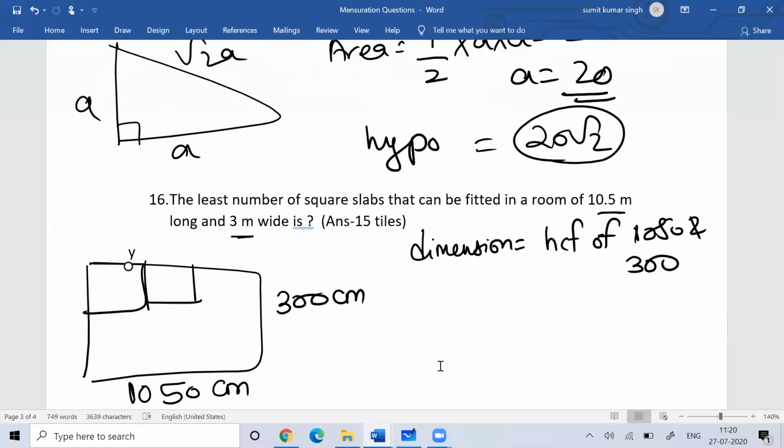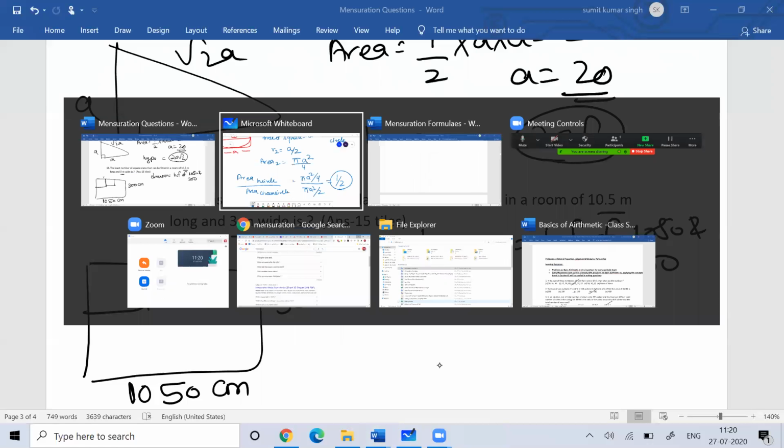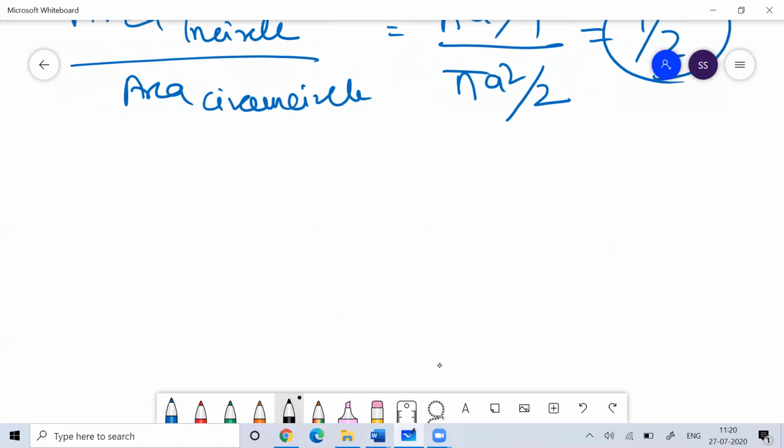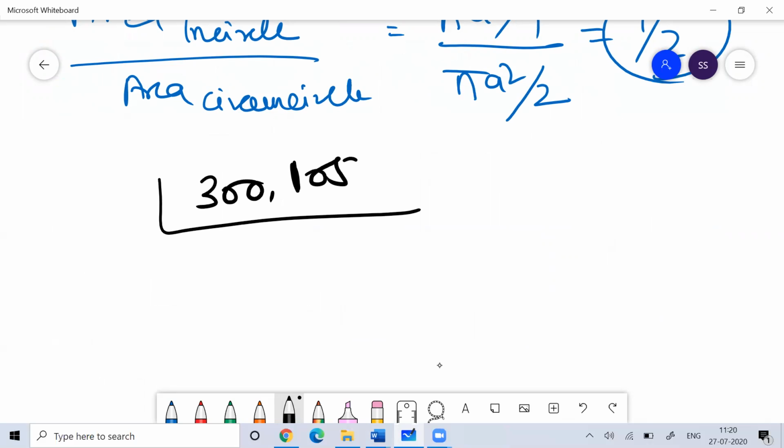Okay, so that you get the largest number which can divide both numbers together. So for that, find the HCF. What is the HCF of 1050 and 300?